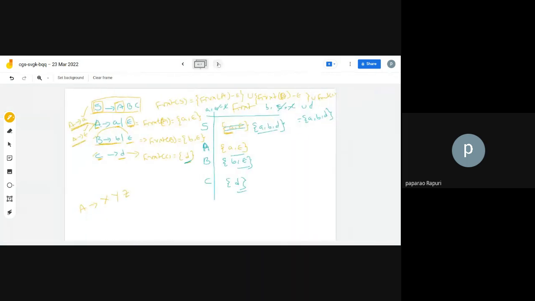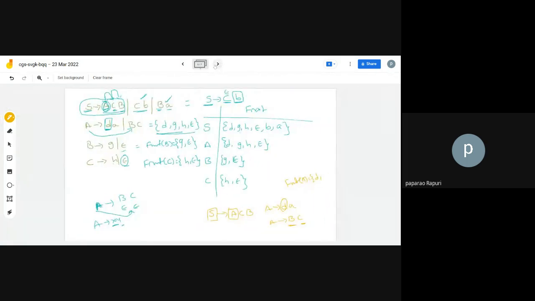So in the same way, here also, first of B is G comma epsilon. So from that, I am taking only G. And here H comma epsilon. From that, I am taking only H. Because we need to remove epsilon from the first set of B and first set of C from the given formula.